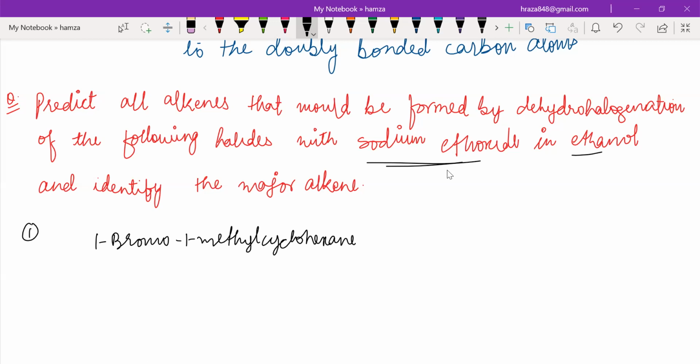Can you do this? First write the structure of this reactant, and then it's very easy.